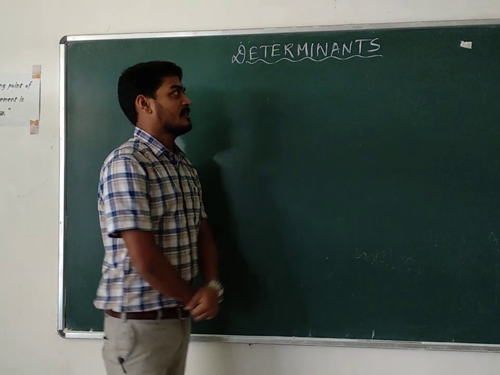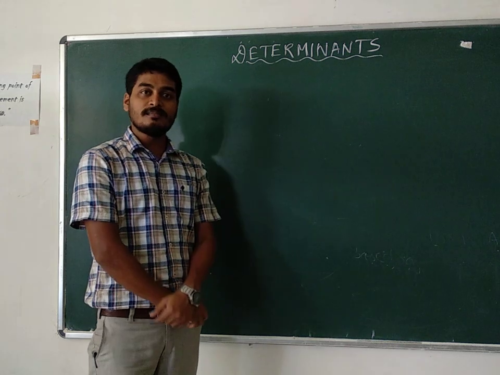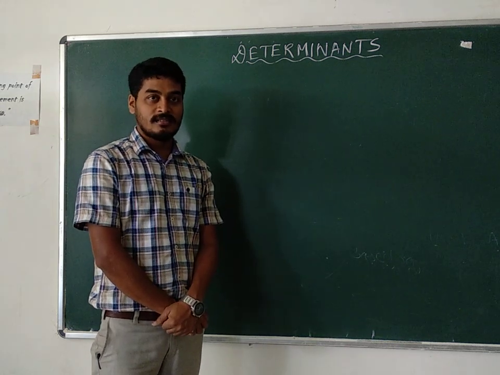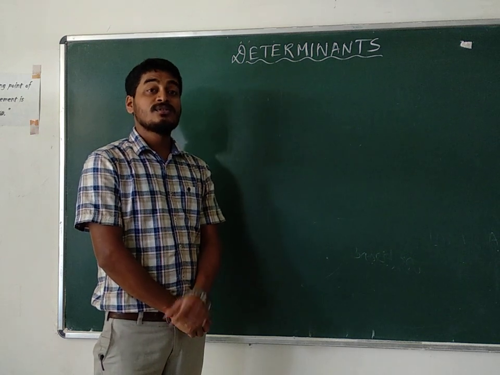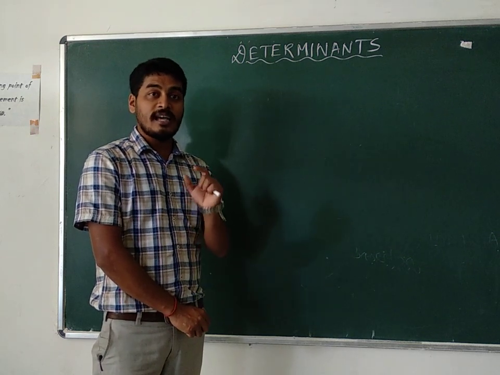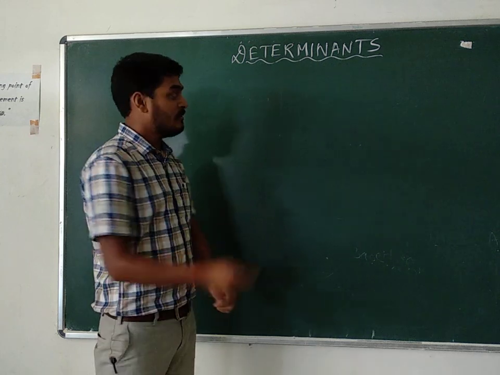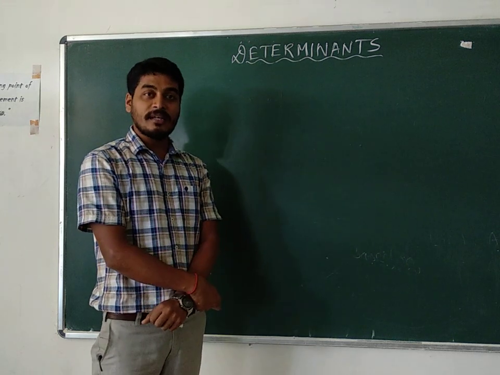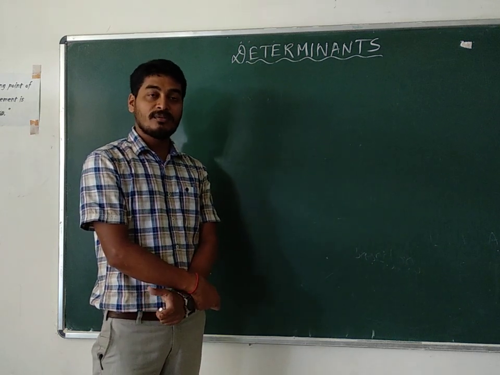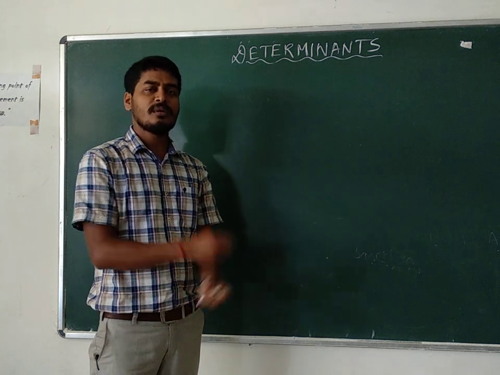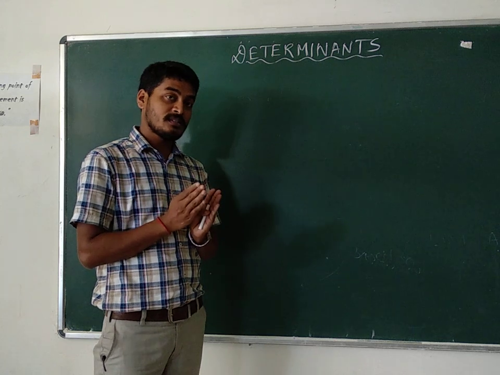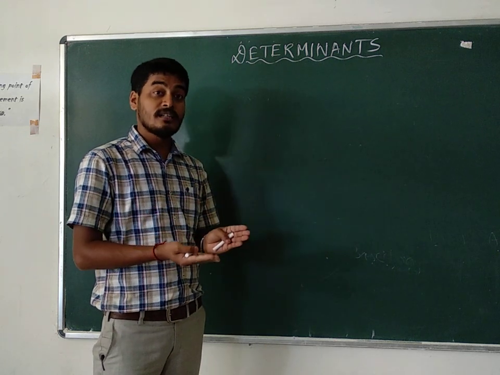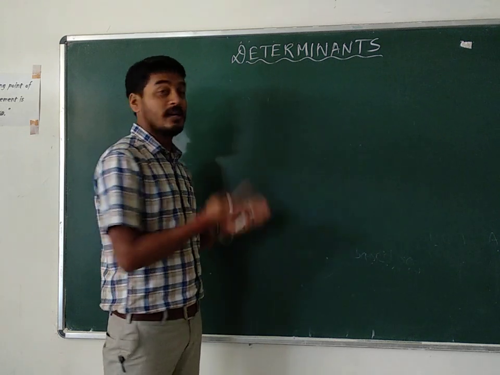What is a determinant actually? A determinant is nothing but a number, maybe real or maybe complex, which is associated with any square matrix. Whenever we consider a square matrix, maybe of order 1 by 1, 2 by 2, 3 by 3, 4 by 4, whatever it may be, for that square matrix we can easily assign a real or complex number, a value.